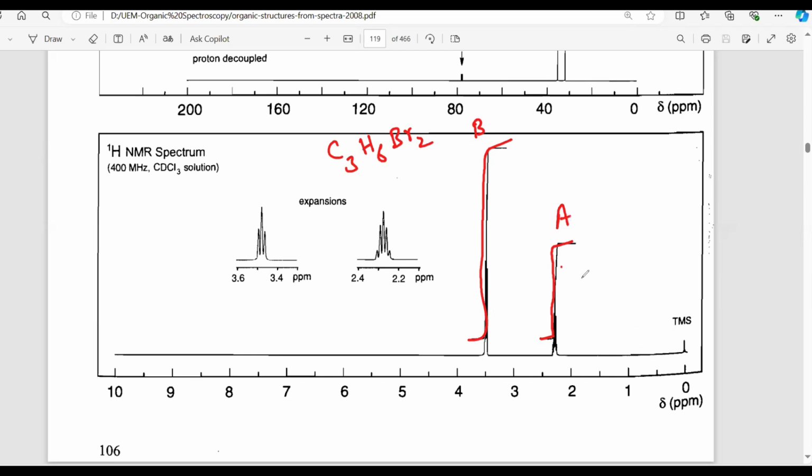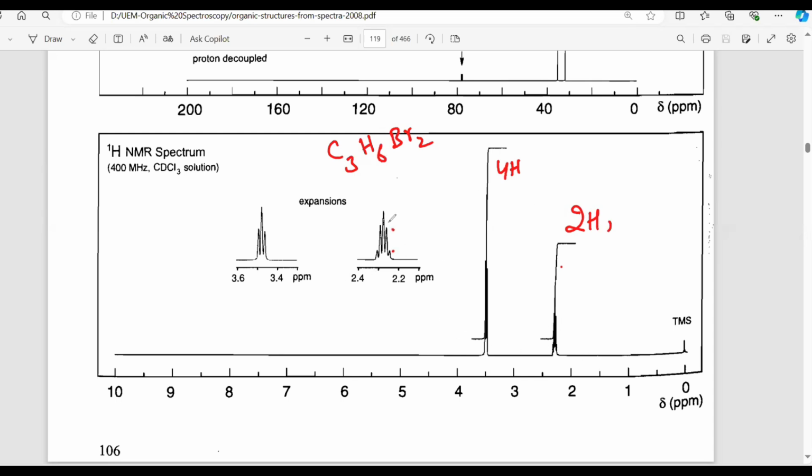It means if this is a signal of 2 protons, this would be the signal of 4 protons, right? Because the integration is almost double. So what does it mean? It simply means if this is a signal of 2 protons, this is a signal of 4 protons. So 4 plus 2, 6. The 2 proton signal is a pentet.